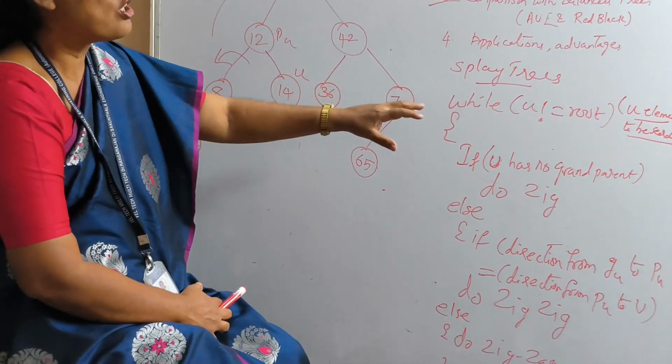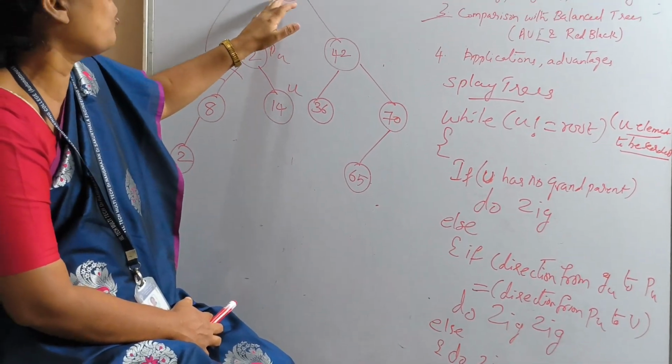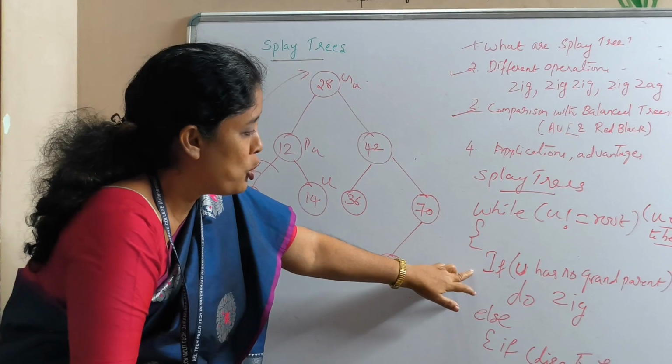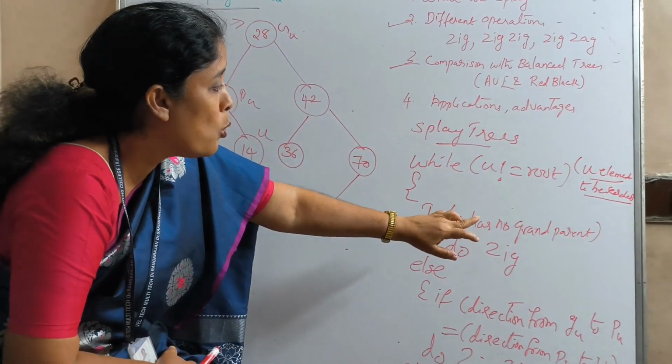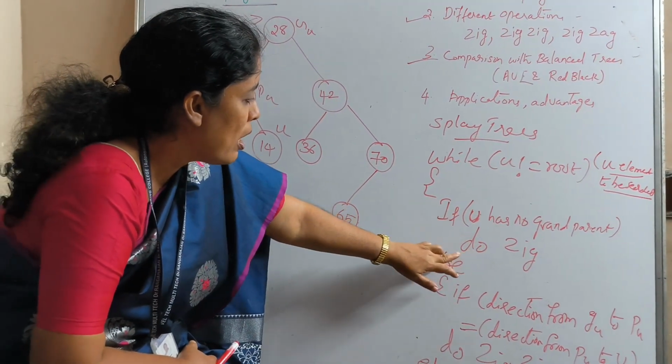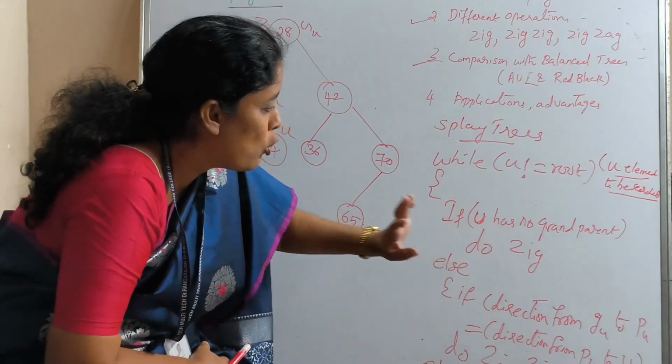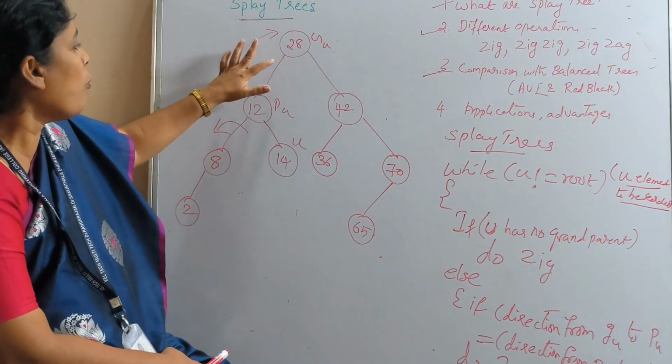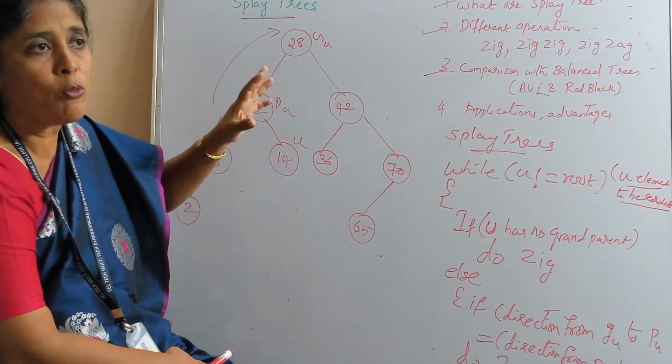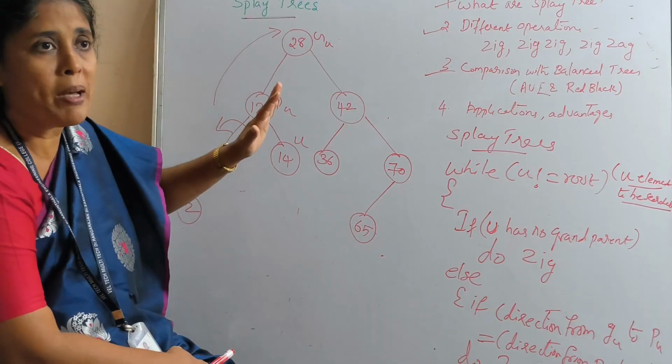When the element you are searching for is not in the root, you have to check whether U has no grandparent; then do the zig operation. What does that mean? If U, the element you are searching for, has no grandparent.